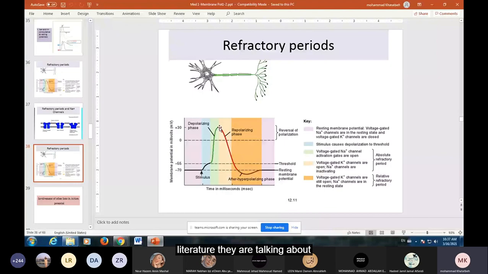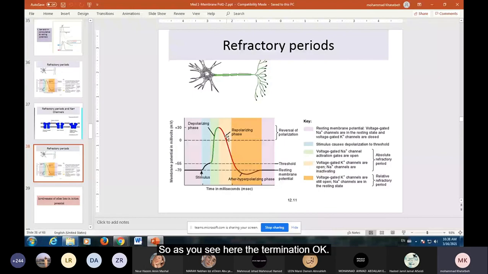Other literature talks about also including the first third of the falling phase. And then we continue with what we call the relative refractory period. Don't worry about the exact point where the absolute ends and the relative refractory period starts, or the termination of the relative refractory period.